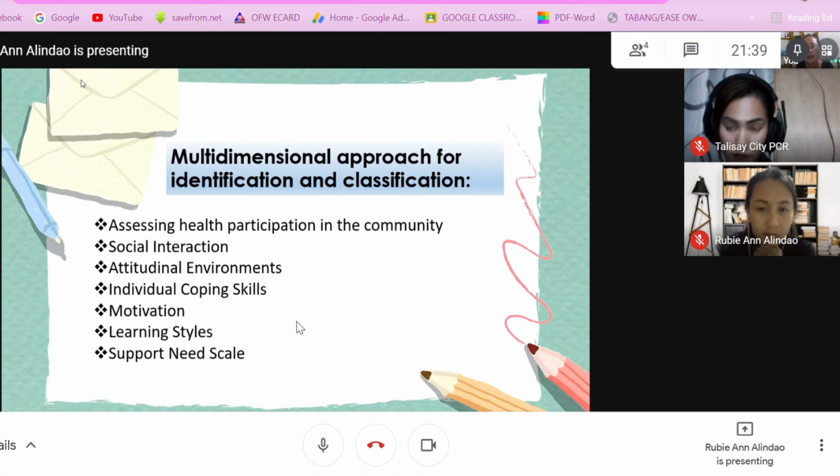These are assessing health, participation in the community, next is social interactions, and next is the attitudinal environment. Next is individual coping skills, and the fifth one is motivation. The sixth one is learning styles, and last is support needs skills.